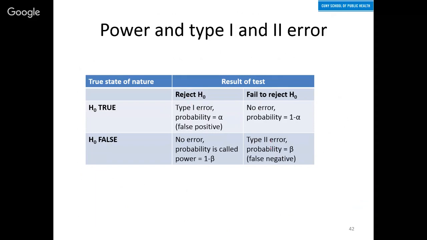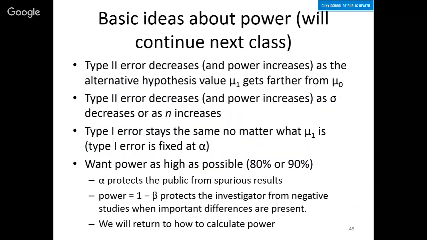The type 2 error, when you fail to reject when you should have. And then this other corner here of no error is your power. That means that the alternative is true and you accept the alternative. That's the power of your test. It's sort of its sensitivity. It's your ability to detect some true difference. And you will learn a little bit more about power next class.